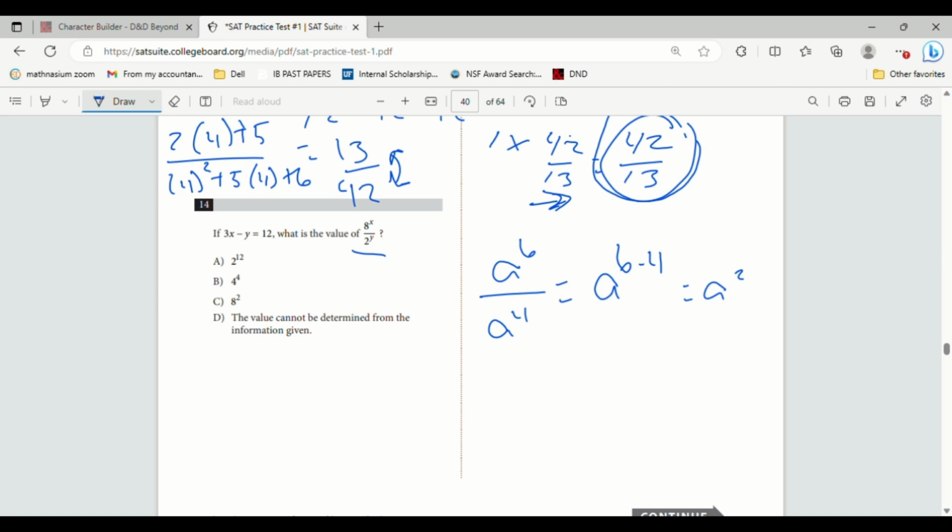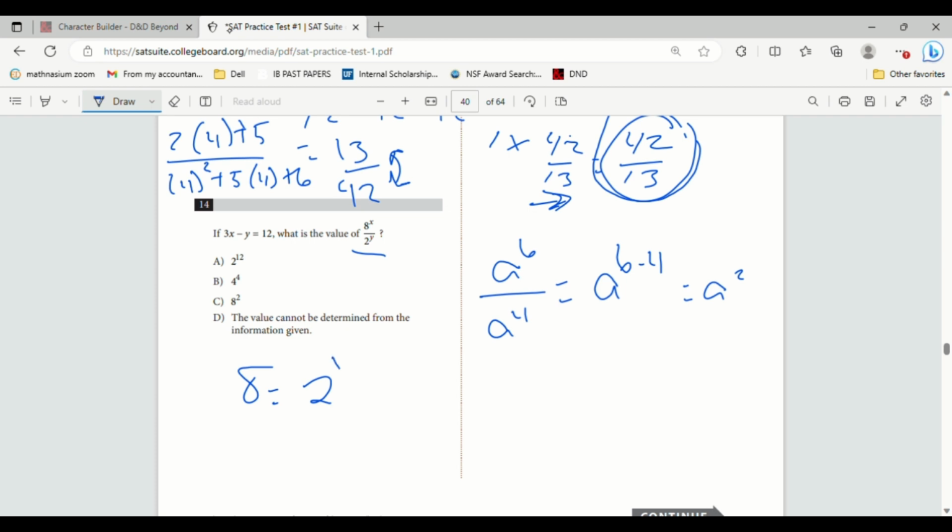And so what the SAT is going to test you on is your ability to rewrite exponents with a different base using known like exponents. To most easily explain this, we can rewrite 8 by saying that 8 equals some number with a base of 2 raised to some exponent.